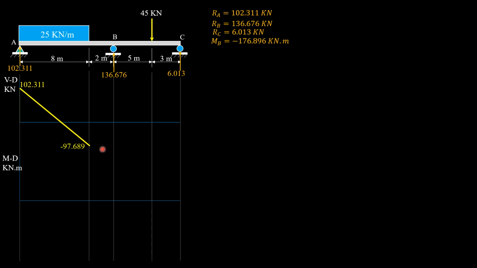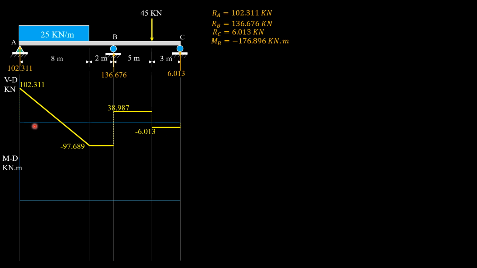We have negative 97.678 between these 2 points, constant shear. Then plus 136.676, 38.987, constant shear, minus 45, negative 6.013, then constant, then it closes.